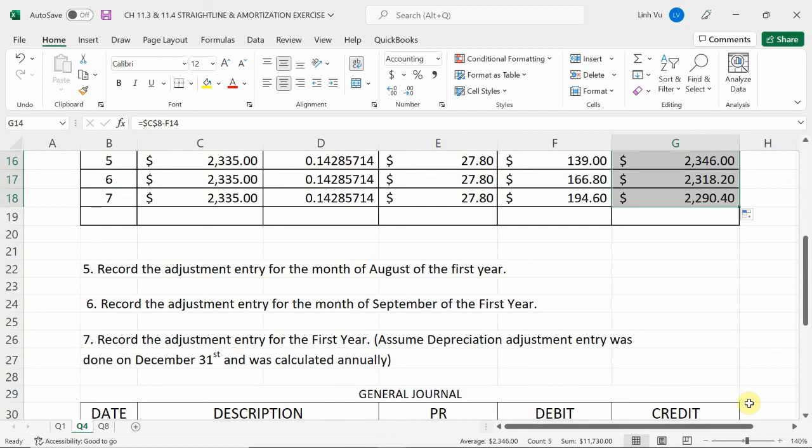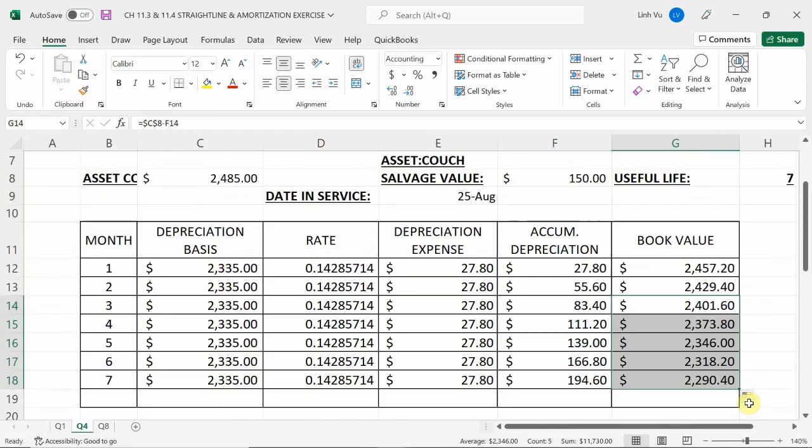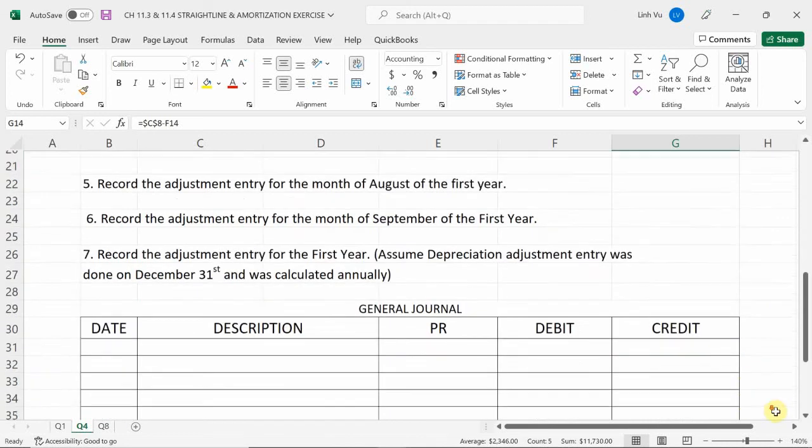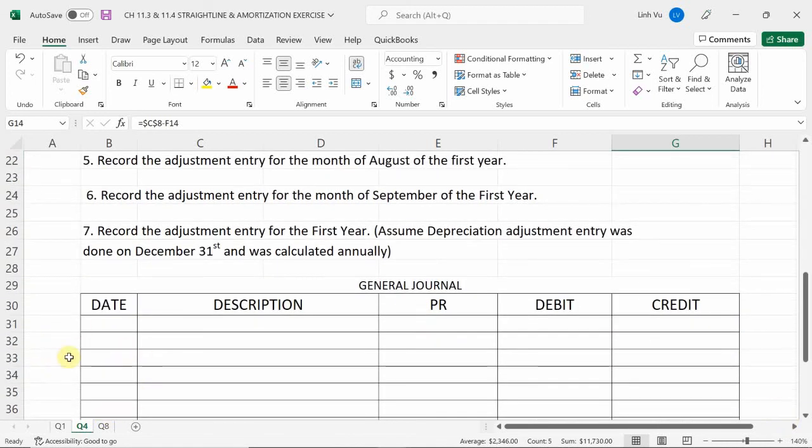For question number 5, record the adjustment entry for the month of August of the first year. So what do we need to record for the first month, August of the first year? 2780. Why would you put 2780?